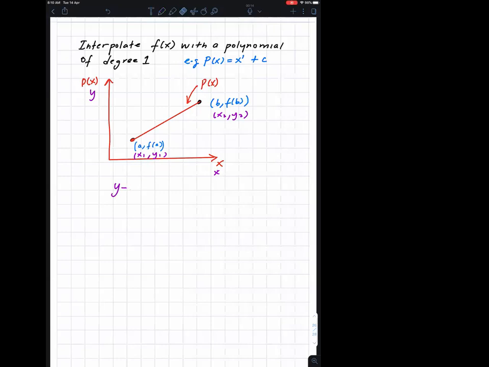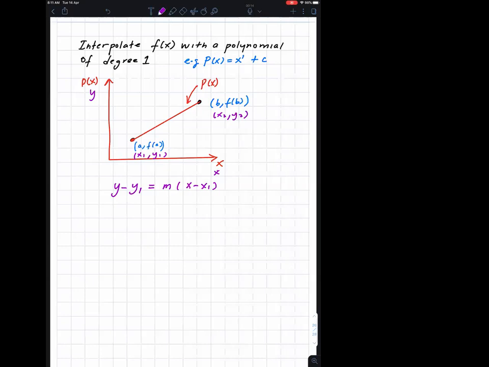It can be either y minus y1 or y minus y2, but you have to be consistent. If you choose this endpoint, then it's y minus y1, and the slope multiplied by x minus x1. You guys recall this? Are you all still connected? Yes, sir.